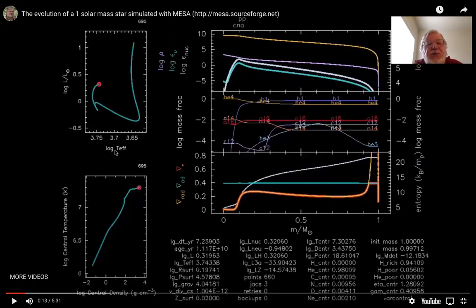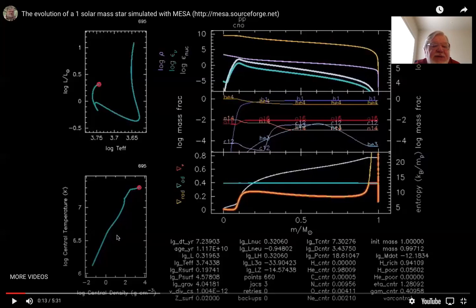This means we plot the decimal logarithm of effective temperature at the surface of the star as a function of the decimal logarithm of luminosity of the star, right? So this is like a phase diagram in physics to study the evolution of stars in these two surface variables, surface temperature and luminosity. And this blue line shows the so-called evolutionary track. It shows how the position of the star on the Hertzsprung-Russell diagram changes as it evolves, okay?